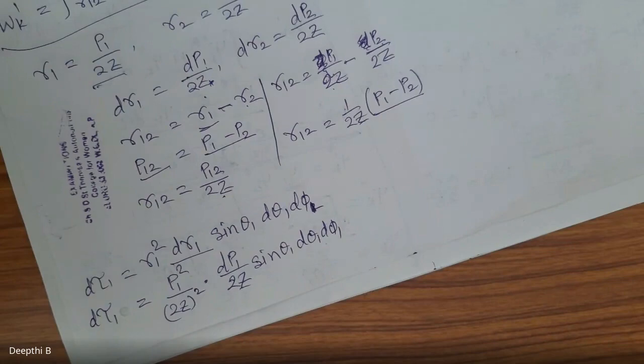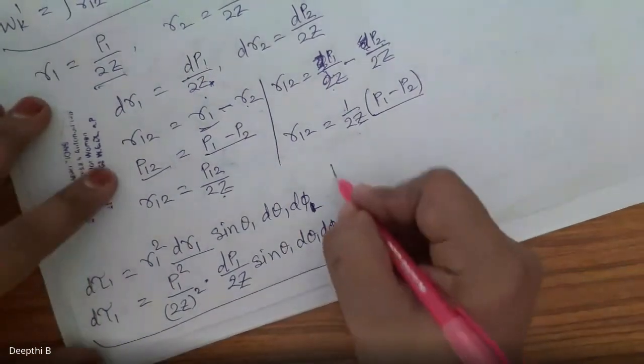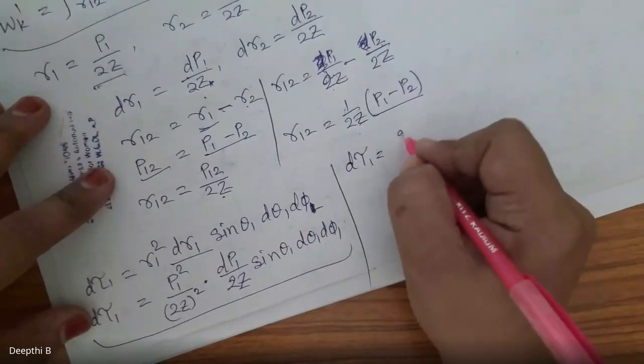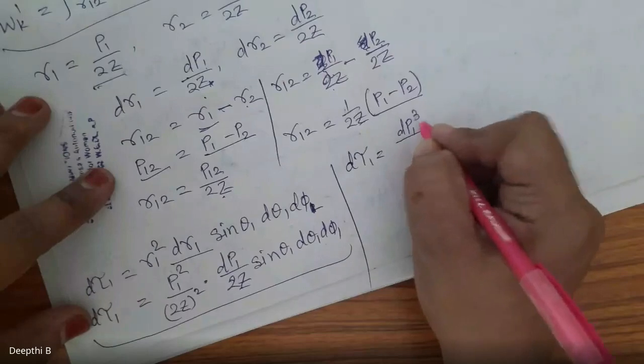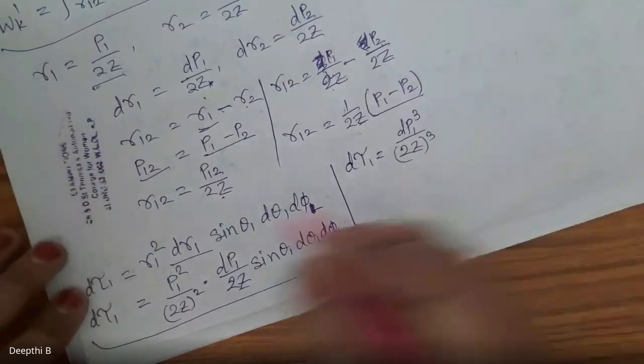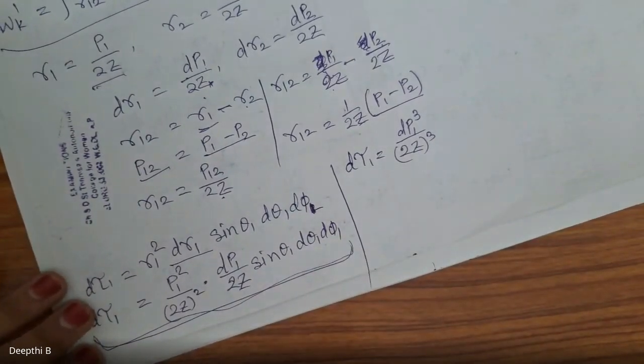Now for electron 2, when we calculate this whole term, we will get dτ1 is equal to dp1 cube divided by 2Z cube. Okay, students, I am not calculating this whole term here because it will take more time.